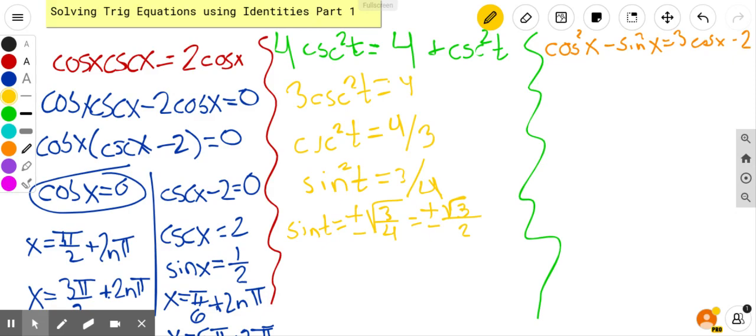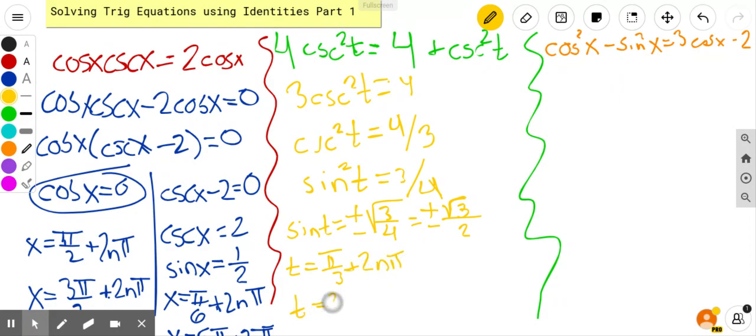So I'm looking for wherever sine of t will equal either a positive radical 3 over 2 or a negative radical 3 over 2. And so knowing my unit circle, I know that t should be pi over 3, generalizing it, plus 2n pi.